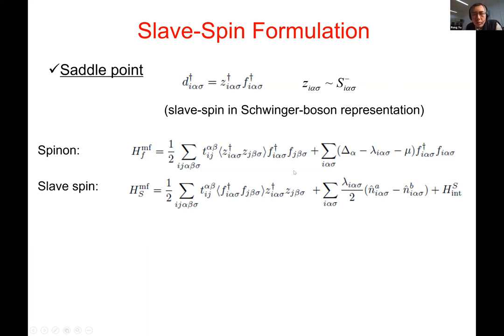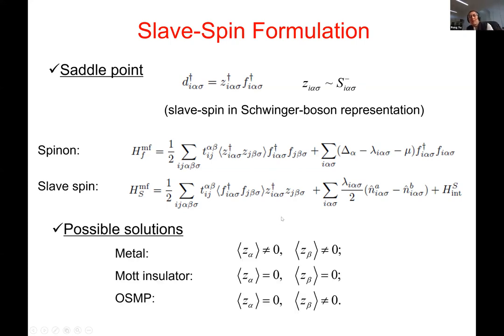And then at the saddle point level, we obtain two Hamiltonians, one for the spinon sector and the other for the slave spin sector. And we solve these two Hamiltonians self-consistently. And we can get basically three different solutions. If the quasi-particle spectral weight Z is non-zero for all the orbitals, the system is in a metallic phase.